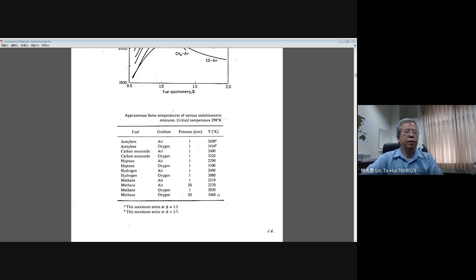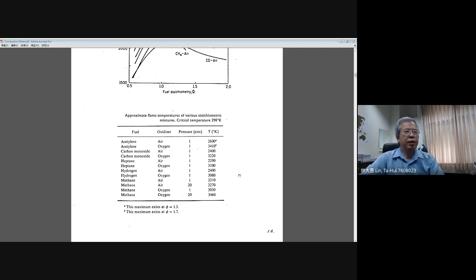So pressure has a certain degree of importance in the burning process, especially for flame temperature, but it is not too much, especially when the influence comes from air. The influence of nitrogen in the air is more important than the influence from pressure.